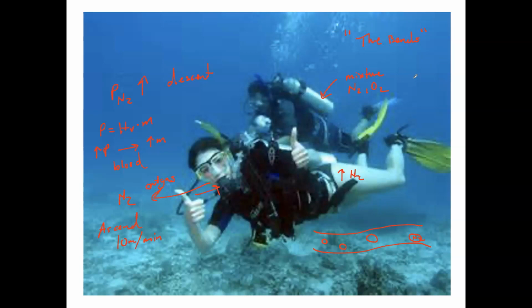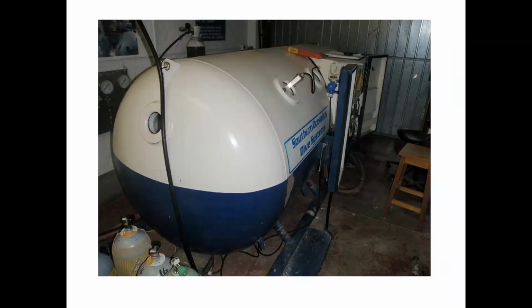Treating decompression sickness involves resolubilizing the nitrogen. In order to resolubilize the nitrogen so that you can get it out of your body, you're going to have to go into a decompression chamber.